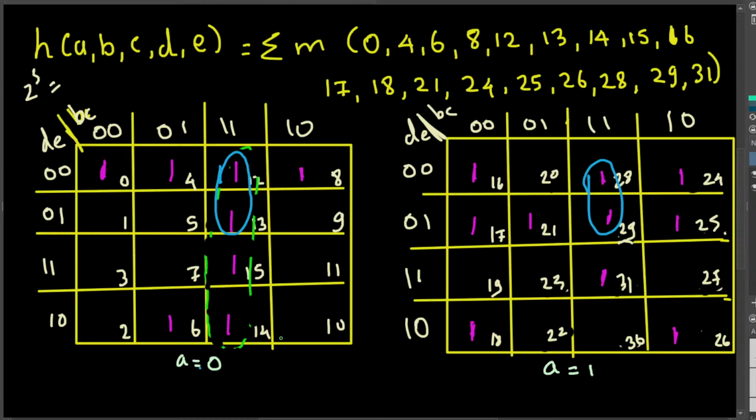So if I write the expression for this one, I cannot have A because A is at 0 and A is equal to 1, so A is going to be eliminated. And if I look at B and C, B is 1 here, so B is going to remain the same. That's B right here, and this is in the same column, so both of them have the same BC.